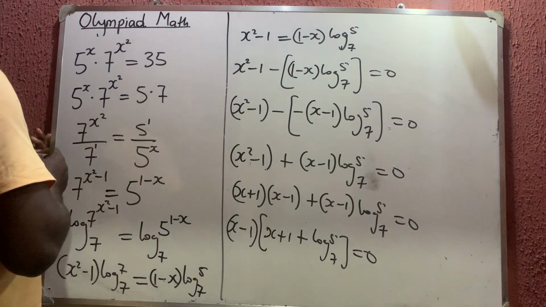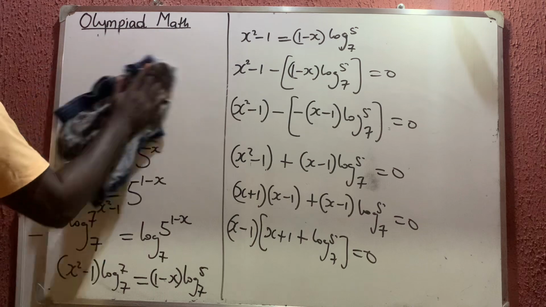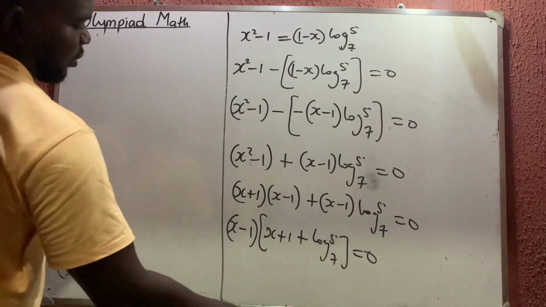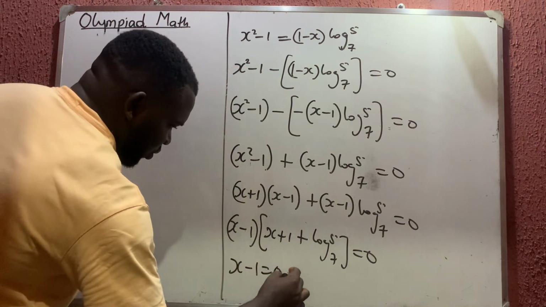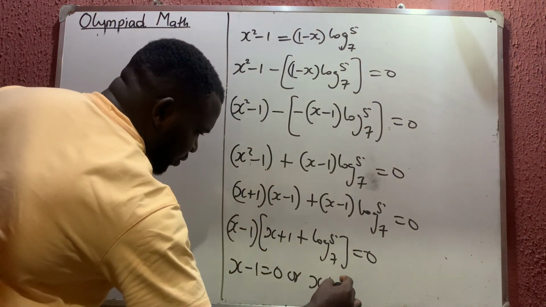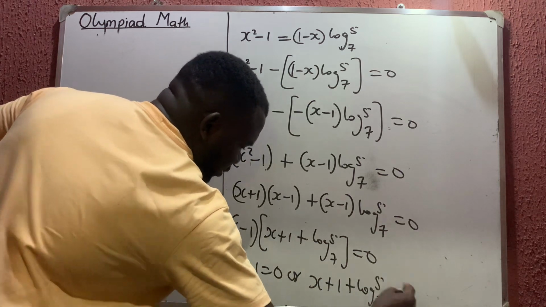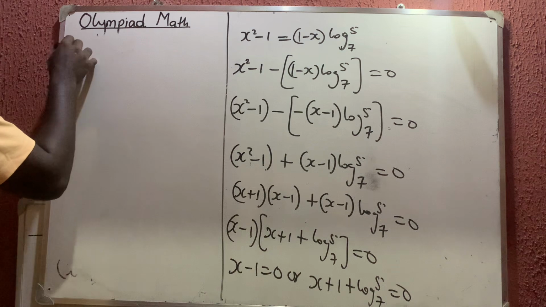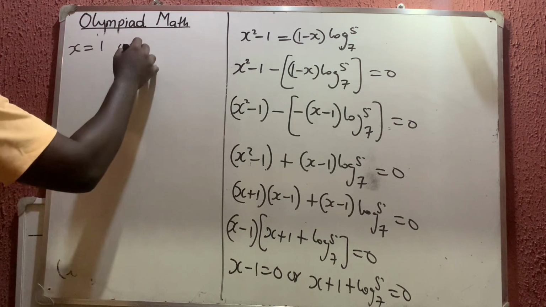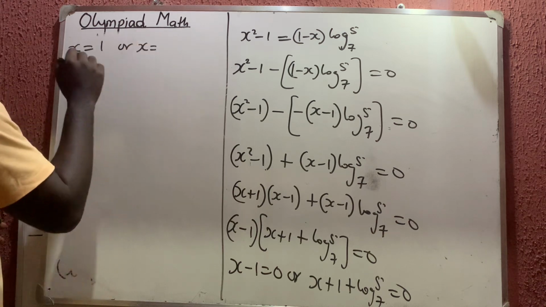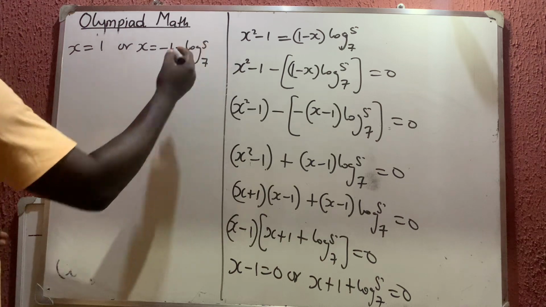And don't forget that when the product of two things is 0, automatically one of them must be 0. So we can now conclude that x minus 1 is 0, or x plus 1 plus log 5 base 7 is 0. So automatically from the first one, we see that x is equal to 1, or from the second one, we can see that x is equal to minus 1 minus log 5 base 7.